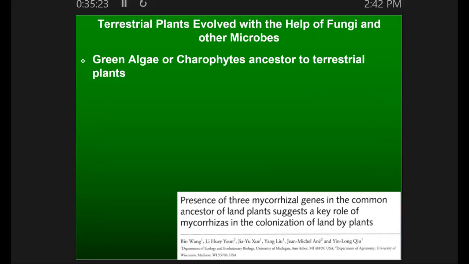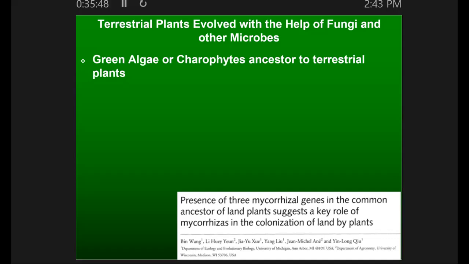Green algae were the ancestors. However, this other word, charophyte: charophytes used to belong to the green algae group, and then they decided, no, they belong in their own separate group. I'm okay if you just say green algae because really they're so closely related. Let's just say green algae for now because they're arguing about it right now, and the story is still to be determined. So let's go with green algae.